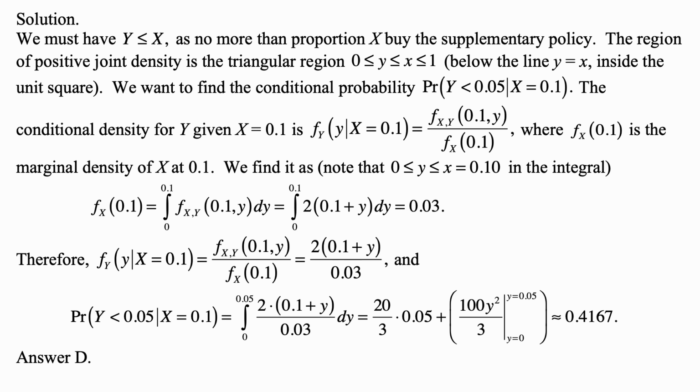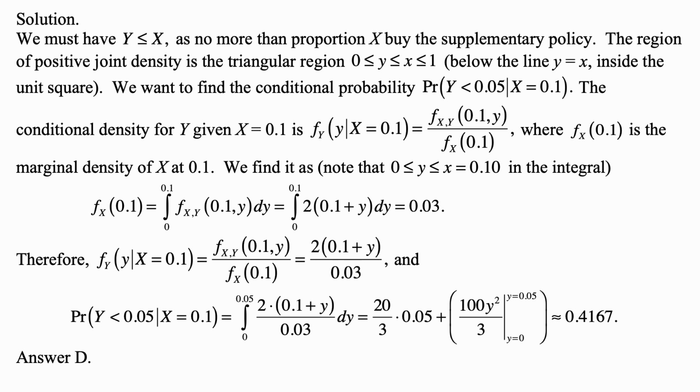Therefore the probability that Y is less than 0.05 given that X is equal to 0.1 is the integral from 0 to 0.05 of this density, 2 times (0.1 plus y) divided by 0.03. We multiply out the top and split it into two pieces.